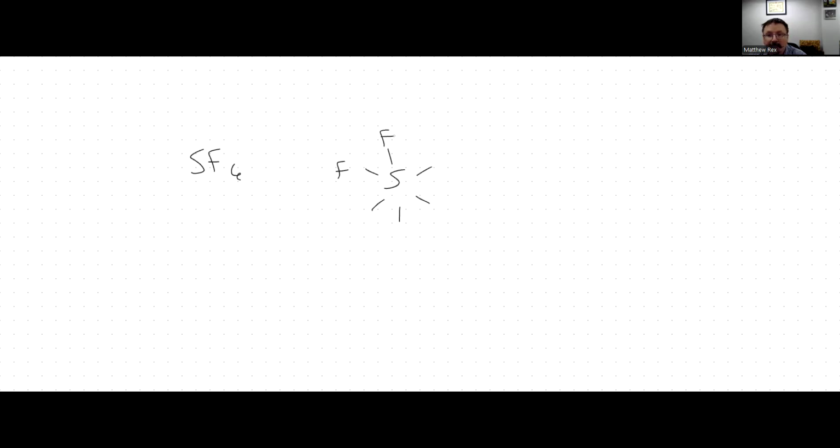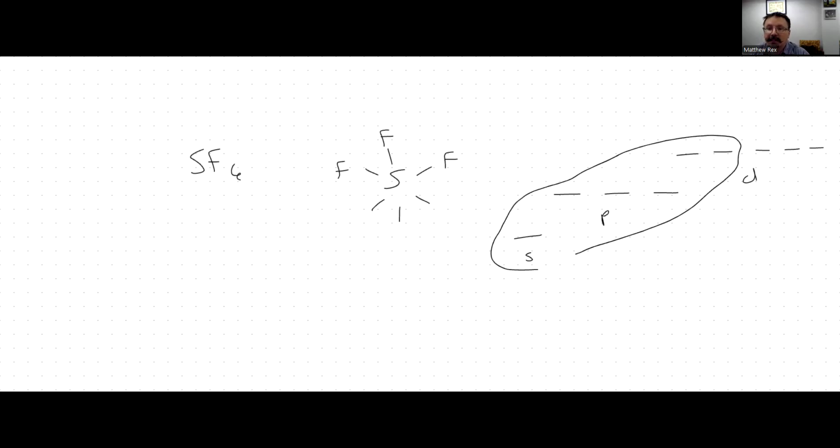So that means I've got to take that s orbital, 3 of my p orbitals, and 2 of my d orbitals to form 6 hybridized bonds of identical energy. So that would be 1 s, 3 p, and 2 of the d. sp3d2 would be the hybridization scheme for SF6.